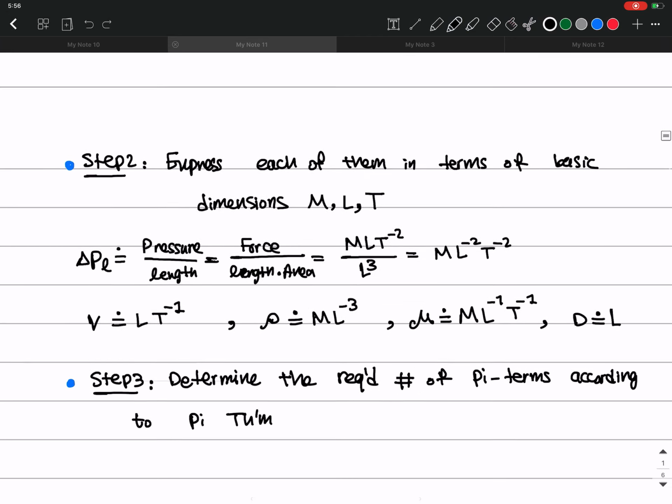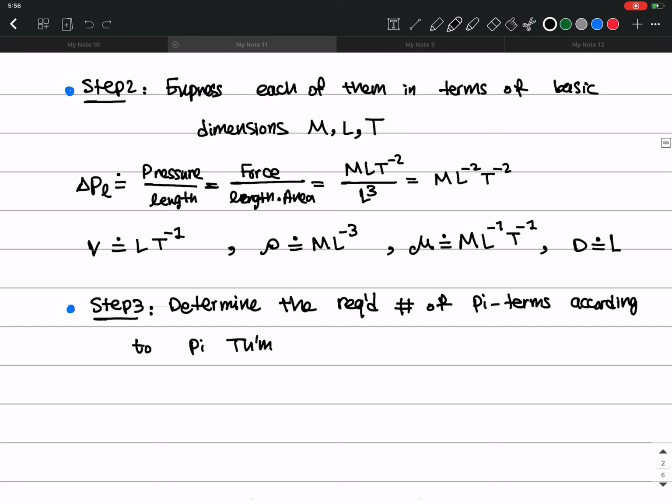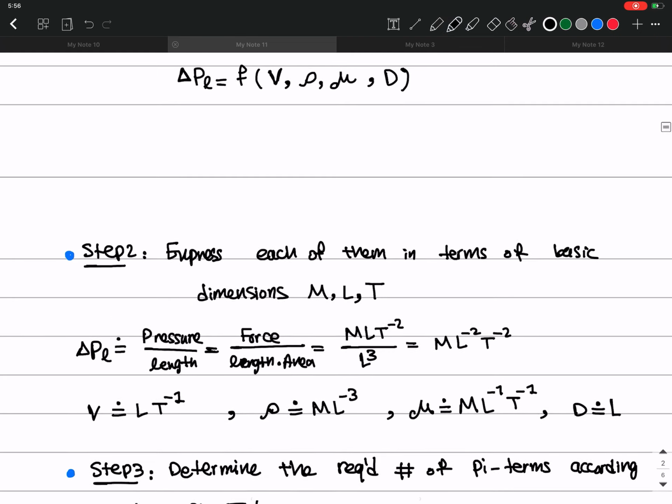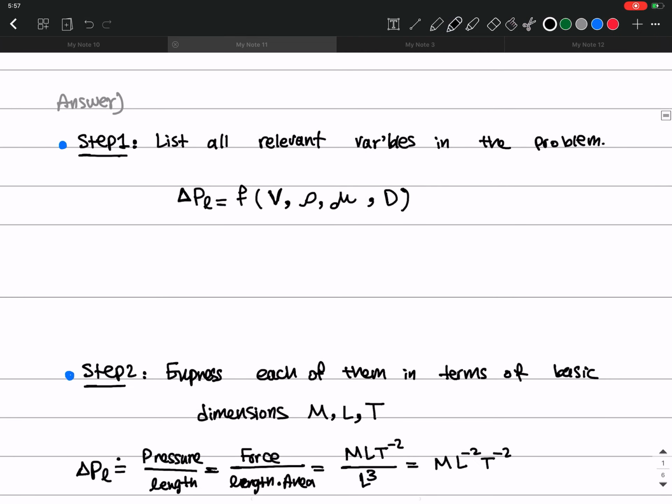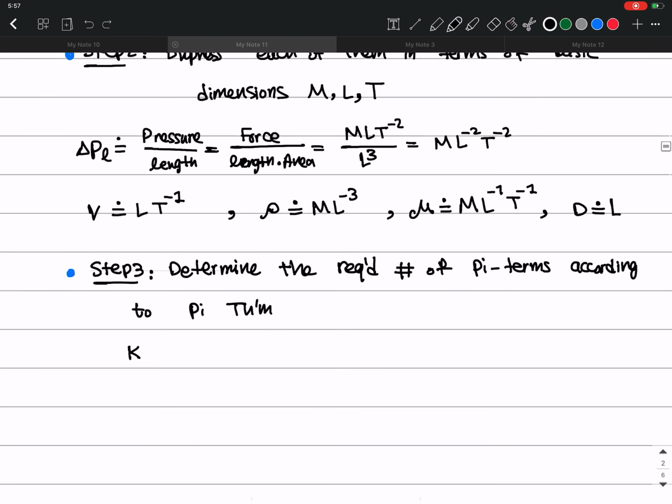Okay, so let's write them down. What is going to be the number of those? So k here is the number of variables. How many variables do we have here? One is delta PL, 2, 3, 4, 5, right? So we have 5 variables, so I write it down, k equals 5, number of variables.